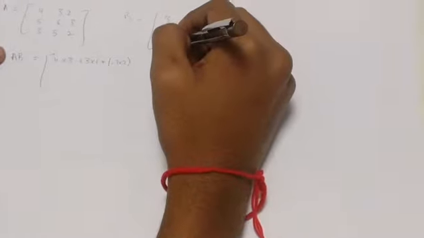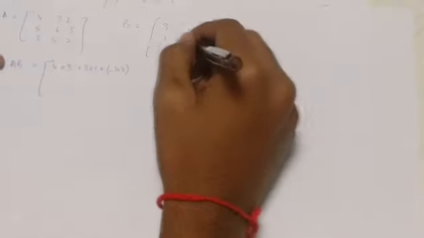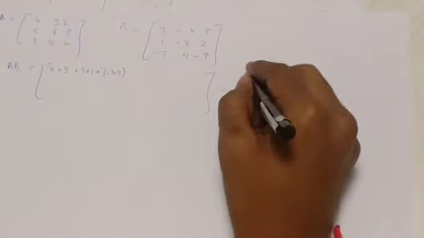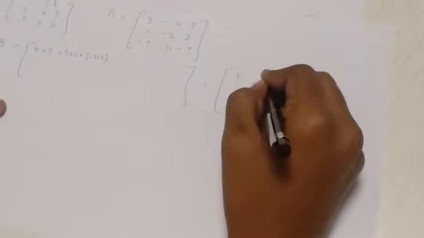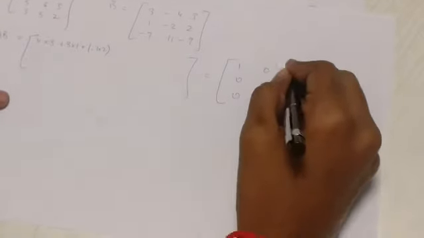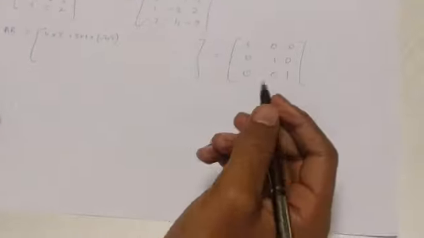We multiply the first row with the first column of the second matrix, and so on. If we carry on this procedure, we get a result, and in this case the result is an identity matrix, as we know.